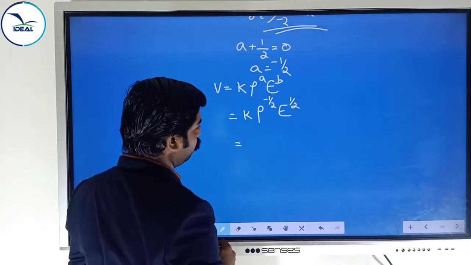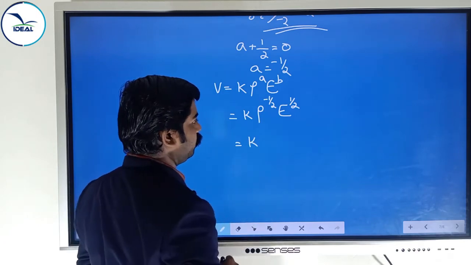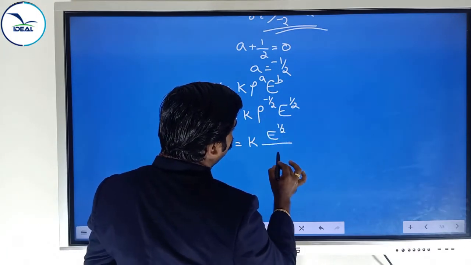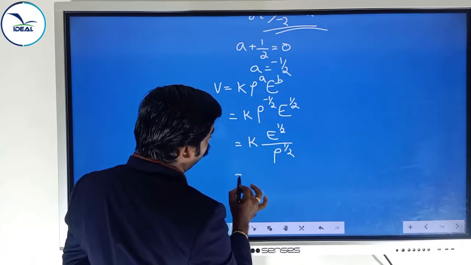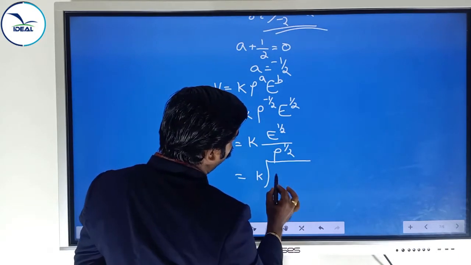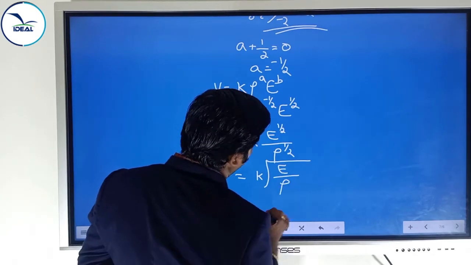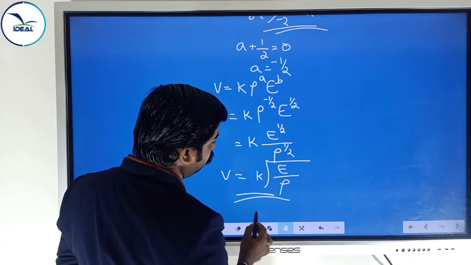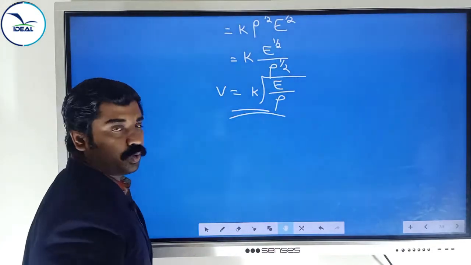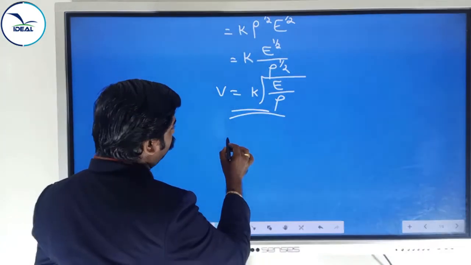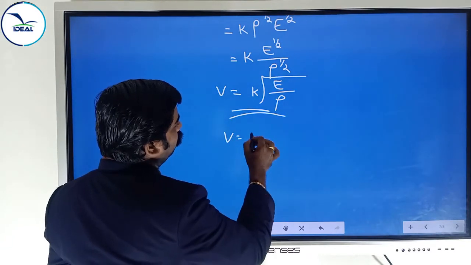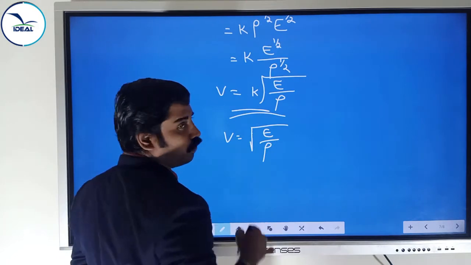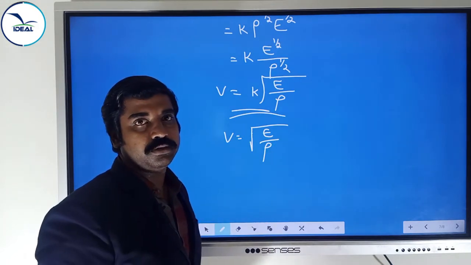That is equal to K into E raised to 1 by 2 by rho raised to 1 by 2, or K into root of E by rho. So velocity is equal to K into root of E by rho. If K equal to 1, then V equal to root of E by rho. Okay, clear?